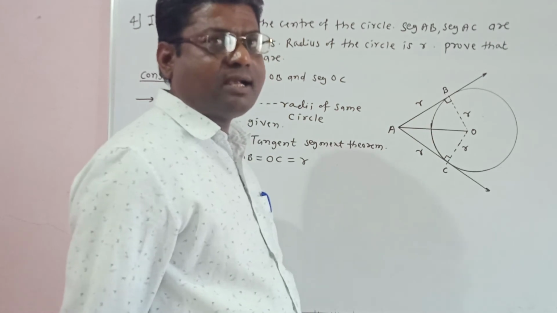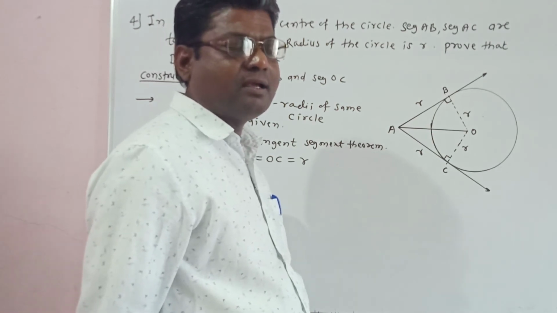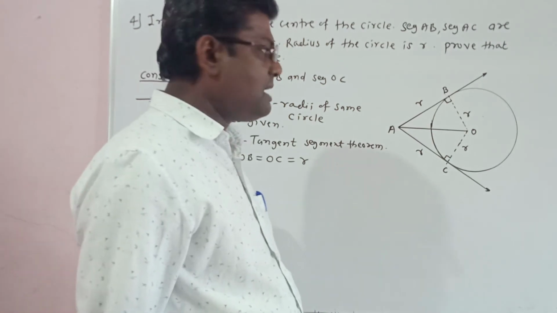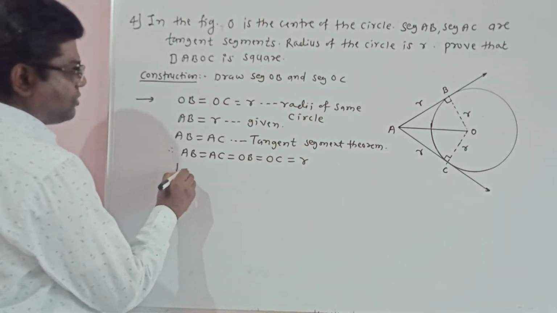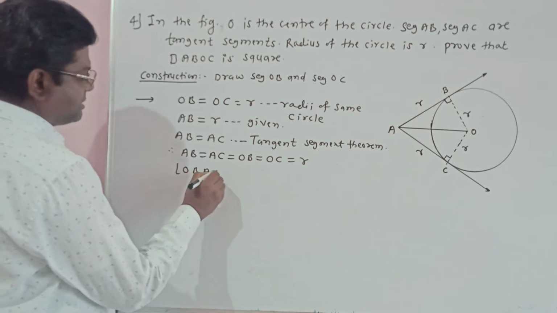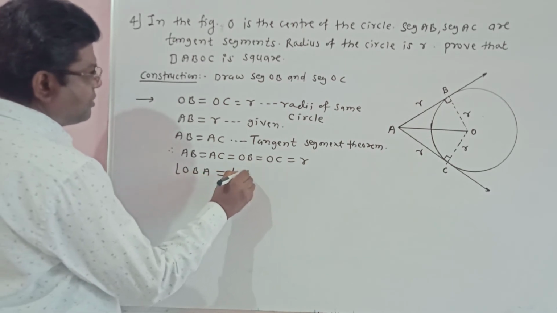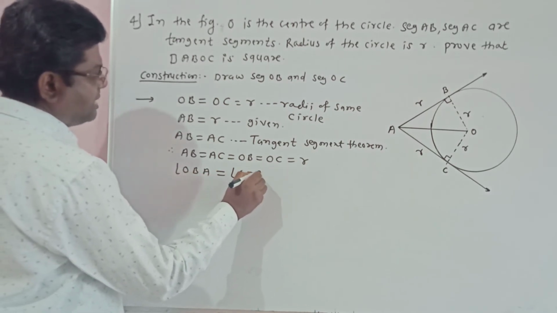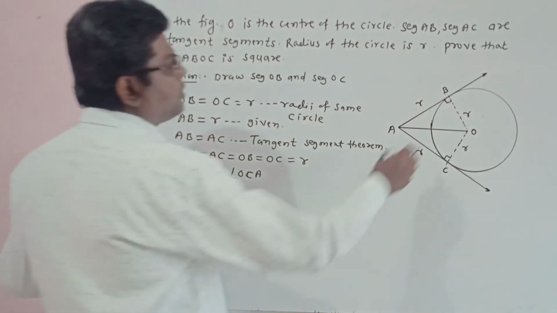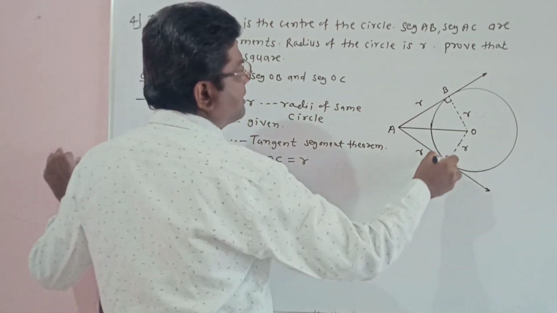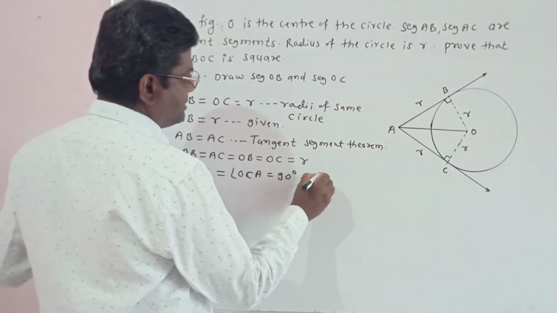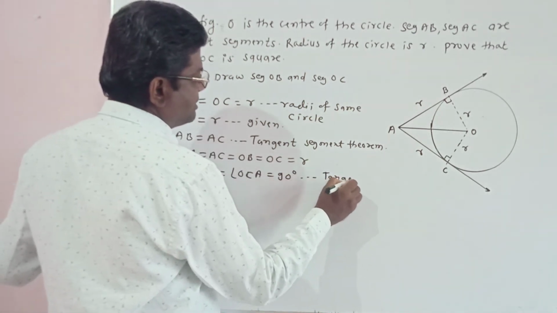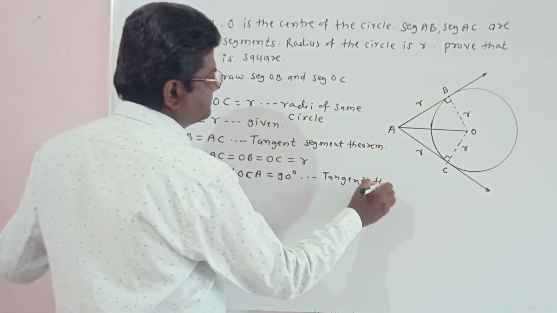Angle between tangent and radius is 90 degree. It is called the tangent theorem. Now angle OBA is equal to angle OCA is equal to 90 degree. Reason is the tangent theorem.